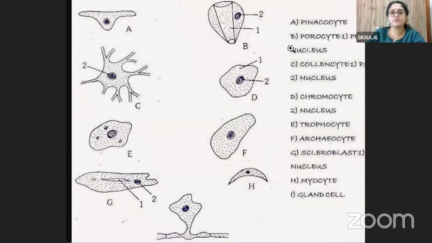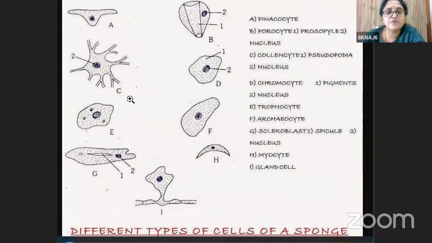So as you can see, these are the different kinds. Some of them have been given over here. Like I told you, it's the first multicellular organism, but you do not have a lot of advancement in the cell functioning.